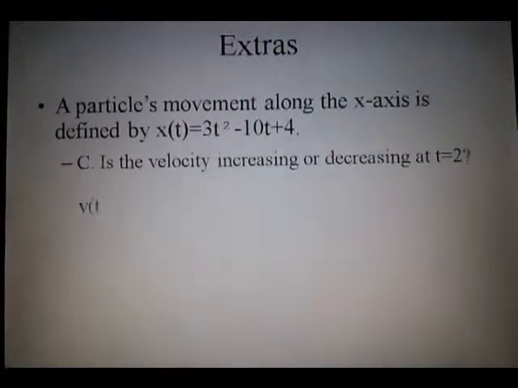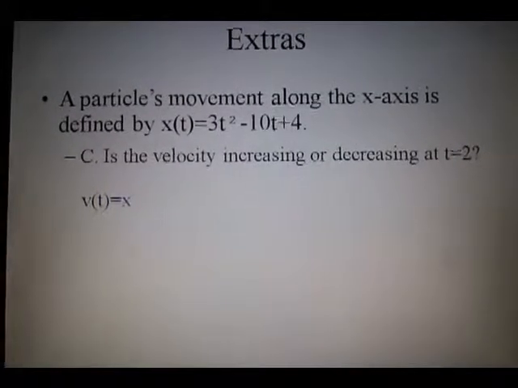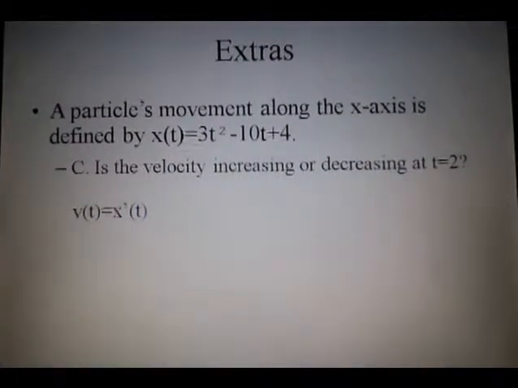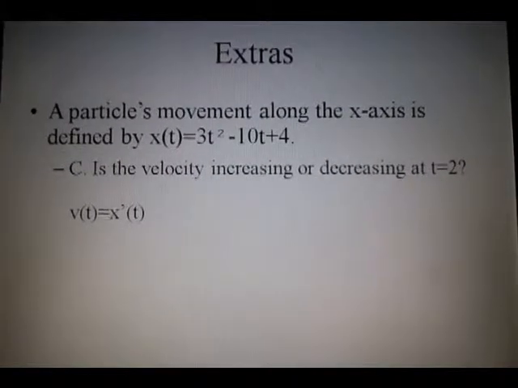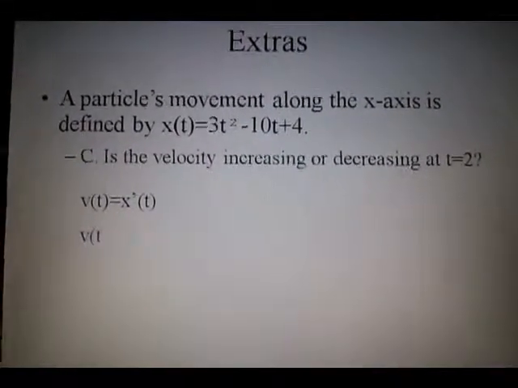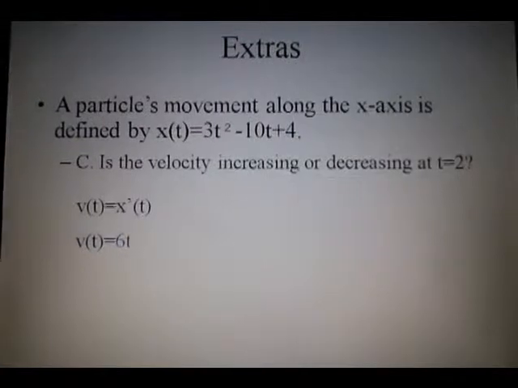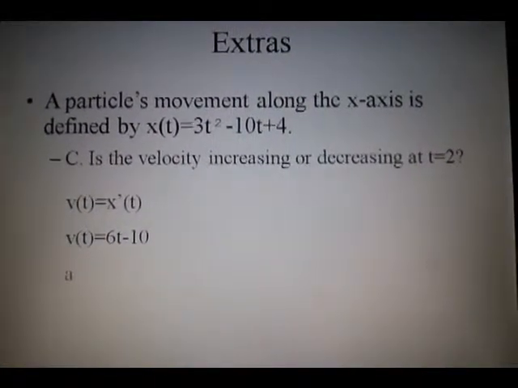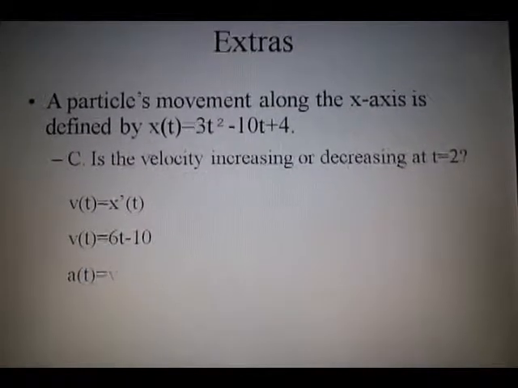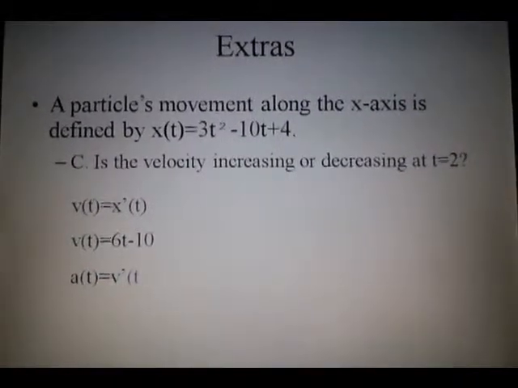Now let's try the third part. To find whether the velocity increases or decreases, you need to find the acceleration first. So first, since we're given the position, we find velocity. As we have said before, the velocity is 6t minus 10.